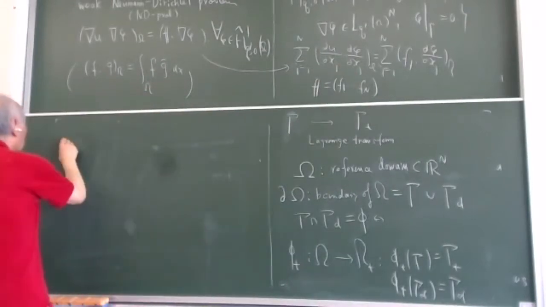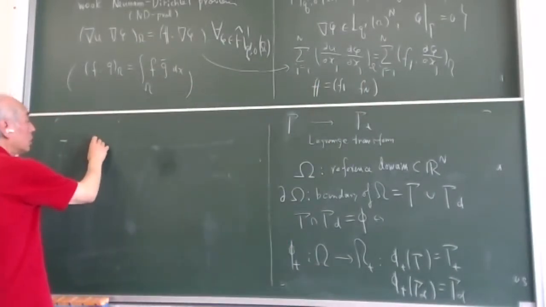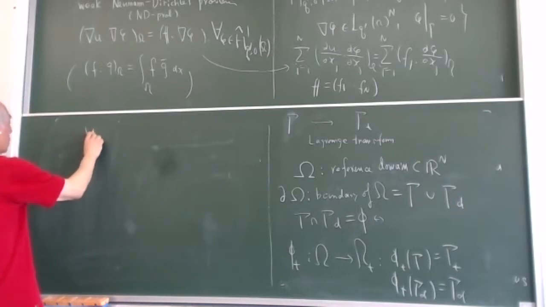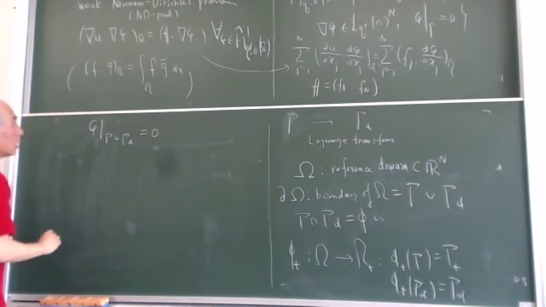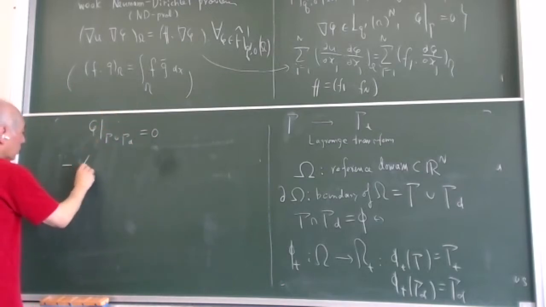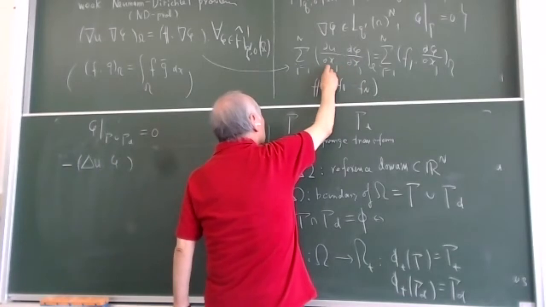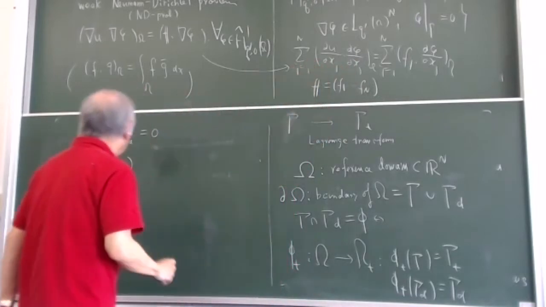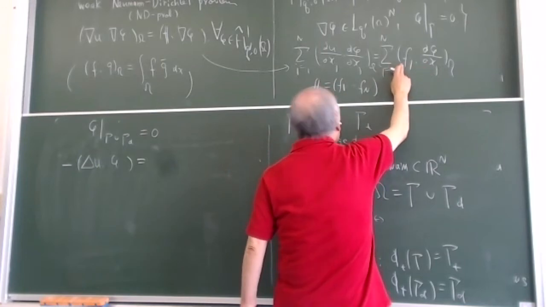If you consider this equation and do the integration by parts, you get this. Formally, when phi vanishes on gamma d, you make the integration by parts, and then you have the Laplace operator of u times phi, and also the divergence of f.